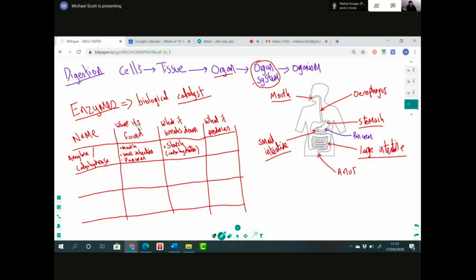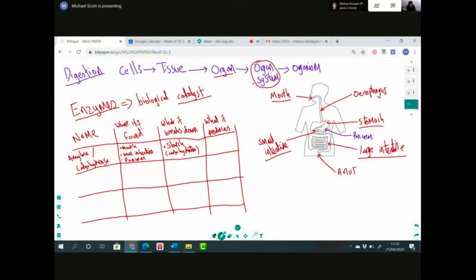Carbohydrase breaks down carbohydrates. And remember that you can find carbohydrates or starch in foods like potatoes, bread, cereals, rice. A lot of those foods tend to pasta. We can find the carbohydrates or starch in those types of food.